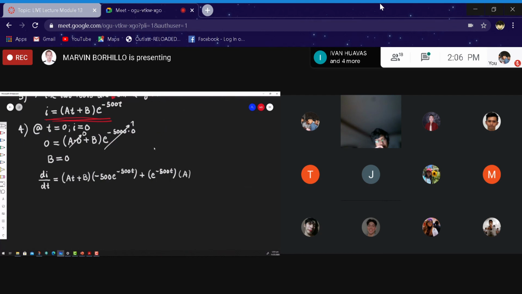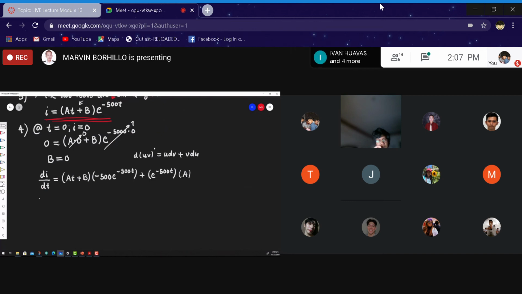Derivative of this part is only a. Diba? D times uv is equals to u dv plus v du. Remember calculus. So, using yan, may product rule.